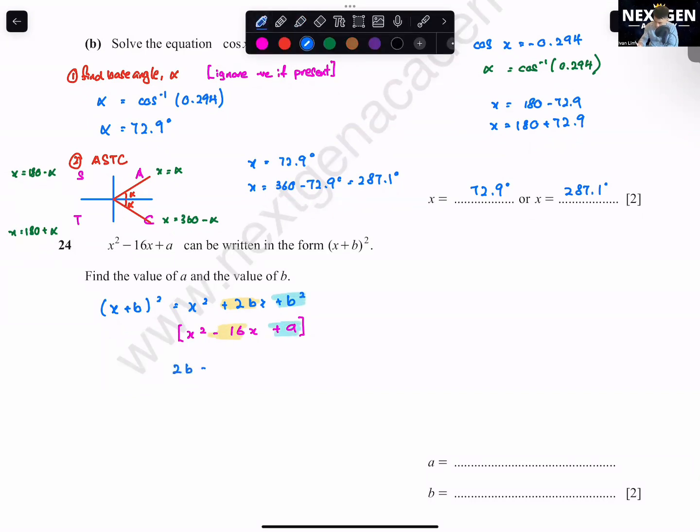So 2b equals negative 16, b equals negative 8. b squared equals a. Negative 8 squared equals a. a equals positive 64. So 64 and negative 8. You need to find the b first before you find the a.